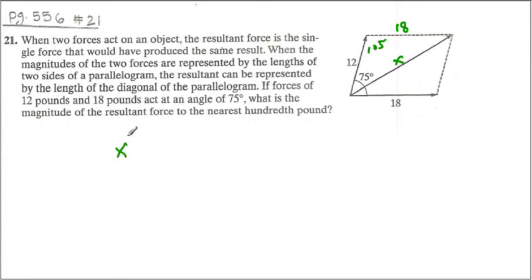So we get to have x squared must be equal to 12 squared plus 18 squared minus 2 times 12, 18, and cosine of 105 degrees. That's all we have to do.